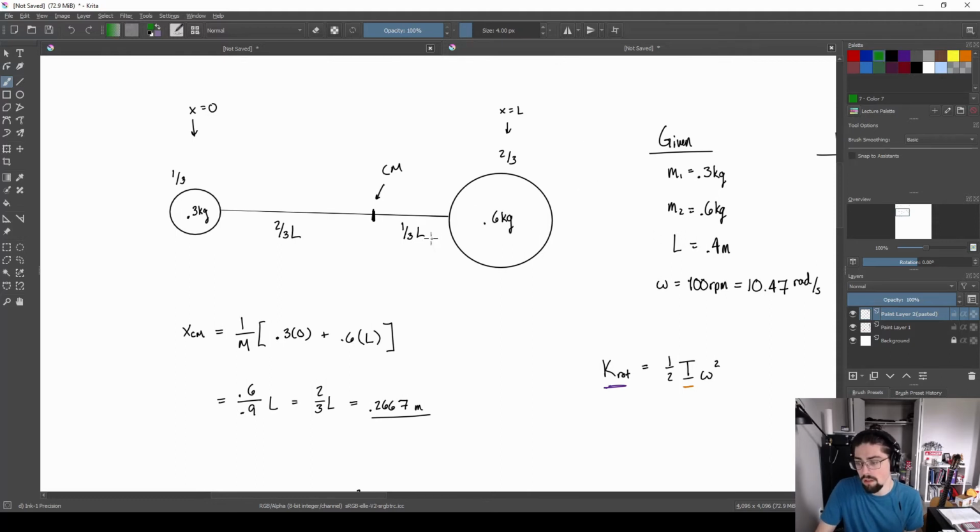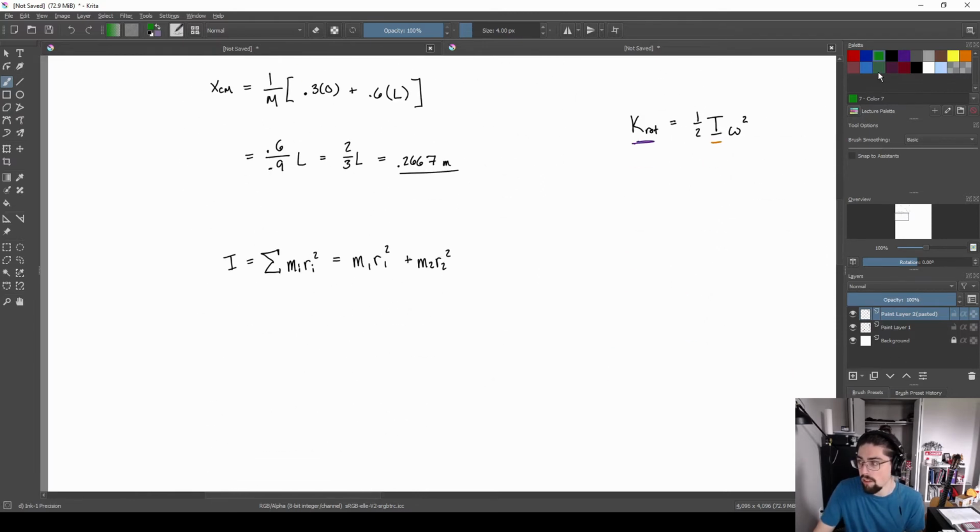Right here, I've got my R2, I've got my R1, I've got my two masses. Plug these things in. I'm going to leave it as mass 1 for now, just symbolically, it's a little bit cleaner, but this is going to be mass 1 times (2/3 L) squared, plus mass 2 times (1/3 L) squared.